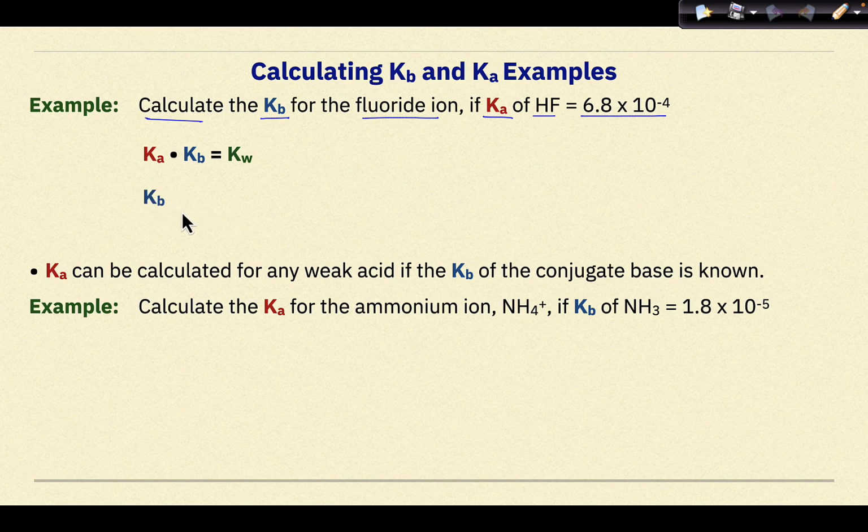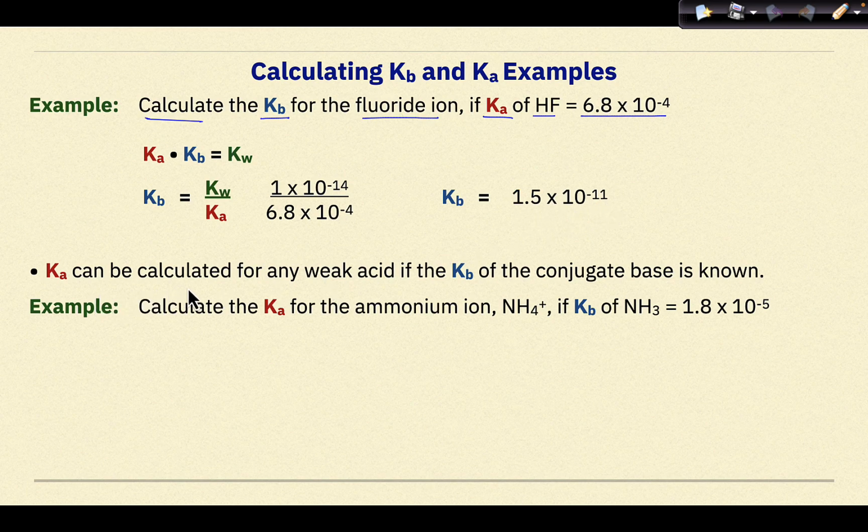So Kb is equal to Kw divided by Ka. We'll plug in our values. So Kw is 1 times 10 to the negative 14. Ka was given to us right here. So on the bottom, we're going to put 6.8 times 10 to the negative 4. And if we do the calculation for this, Kb is going to equal 1.5 times 10 to the negative 11.